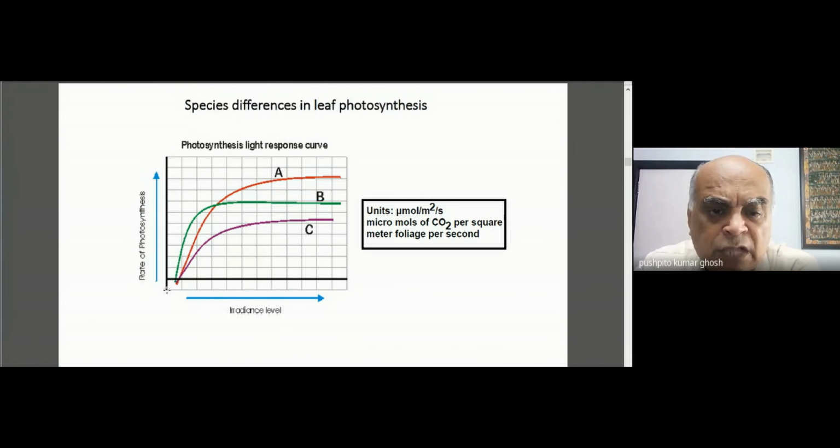So the ideal in many ways would be really this red line. We should look for plants which behave this way. That would be the best. But on the other hand, if you have got very low irradiance levels, there are places like that where the light levels are very low, there the green might not be a bad idea.